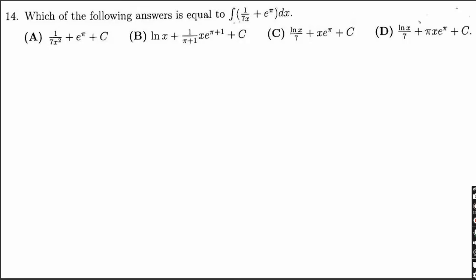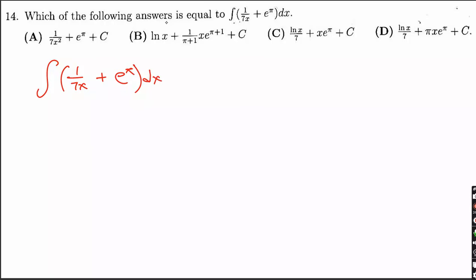So after that, we have now this question, which is question 14. Which of the following answers is equal to the integral? So we are looking for the answer which is equal to the integral of 1 over 7x plus e to the power pi.